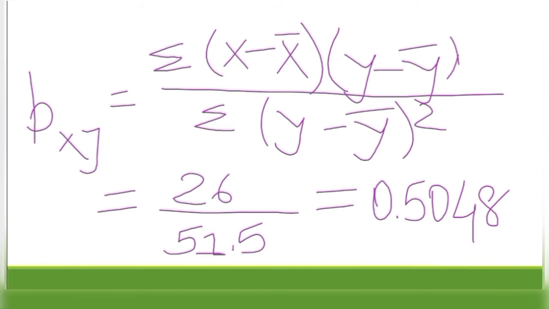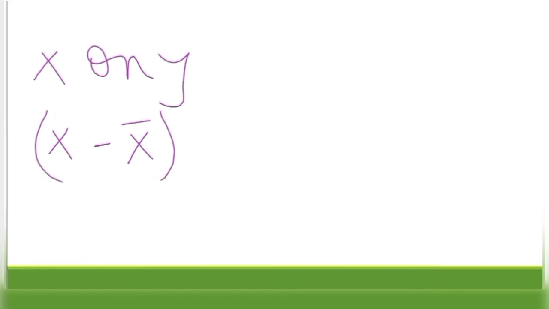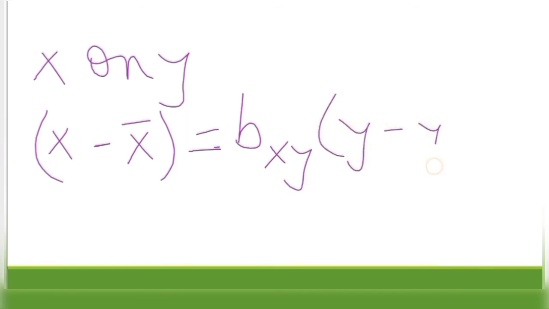Next, we will have to find out the equation of regression line of x on y. While solving the example, you will have to write down completely the equation of regression line of x on y and then find it. So it is x minus x bar is equal to bxy into y minus y bar.